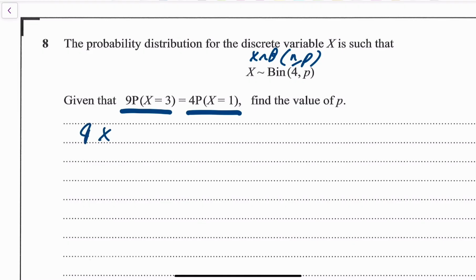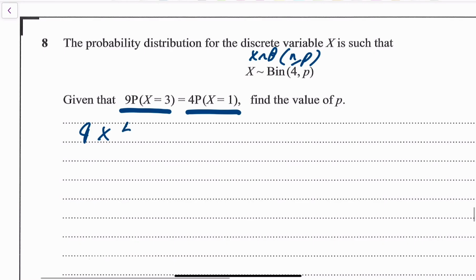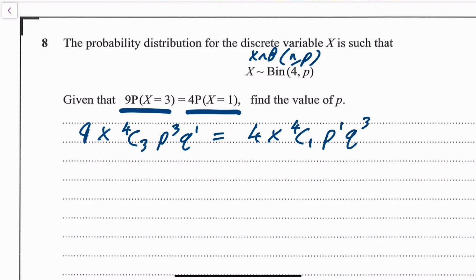Okay, 9 times the probability of x equals 3 can be found by 4C3 times your probability of success to the power of 3 times your probability of failure to the power of 1, is equal to 4 times your probability of getting 1. So 4C1 times p to the power of 1 times q to the power of 3.